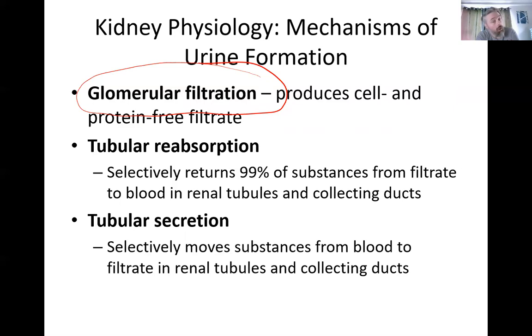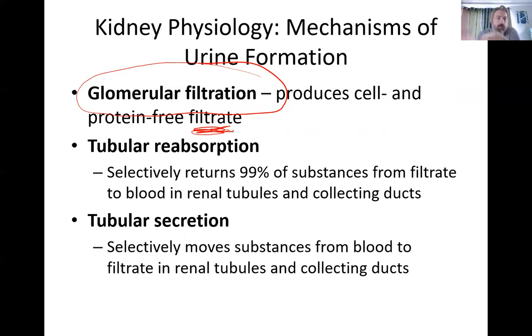But we lose a lot of water, and we lose a lot of small solutes, things like salts in particular. And so we create this stuff called filtrate. I won't write it out, I'll just underline it, which is water, salt, vitamins, can be minerals, can be all kinds of stuff. Mostly just not big things.